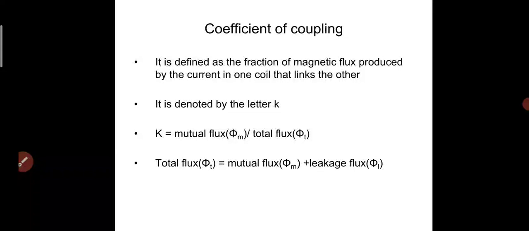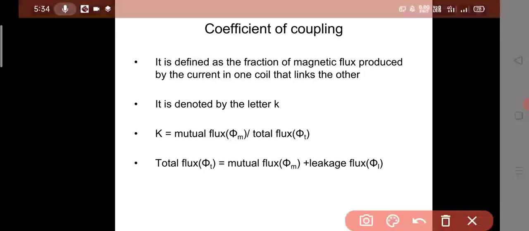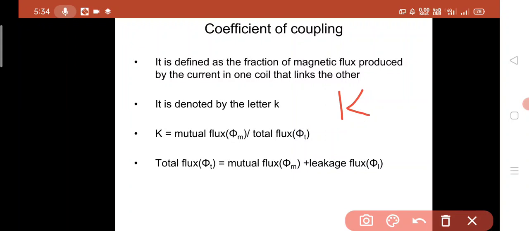It gives an idea of what portion of the flux produced by one coil links with the other coil. It is denoted by the letter K.